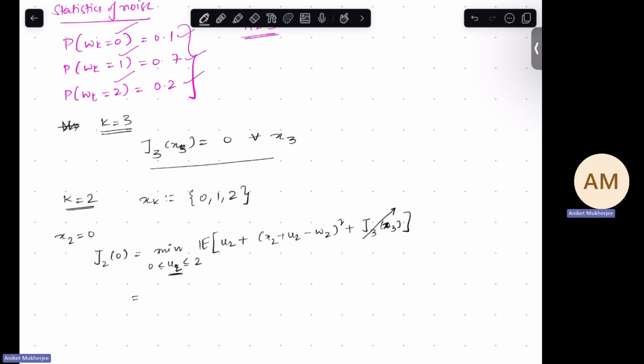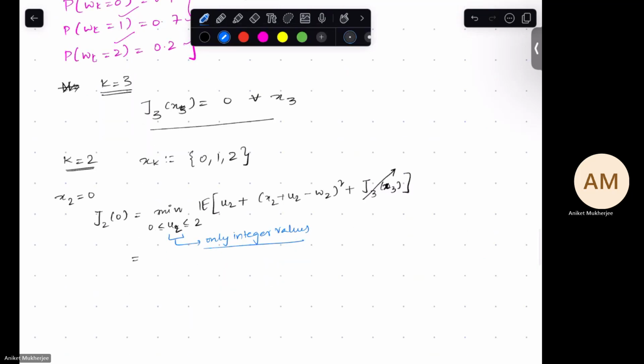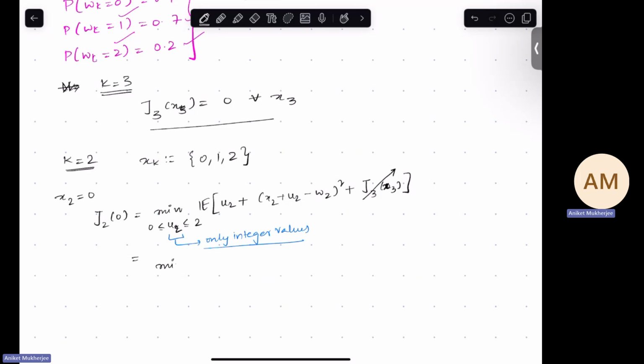And since u2 can only take integer values, this becomes minimizing over u2 belonging to the set {0, 1, 2} the expectation of u2 plus x2, which is 0 here, so you have (u2 minus w2) whole square.